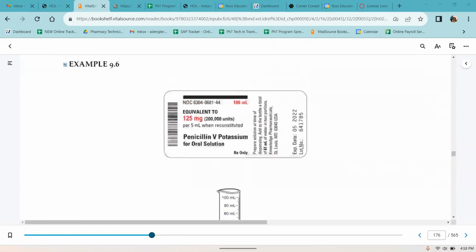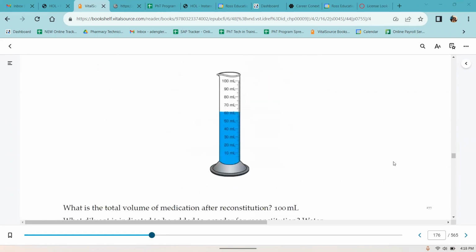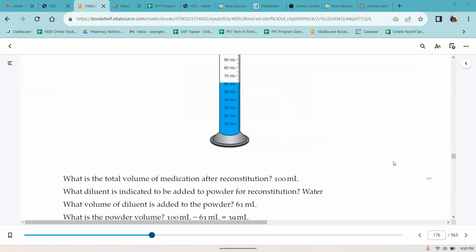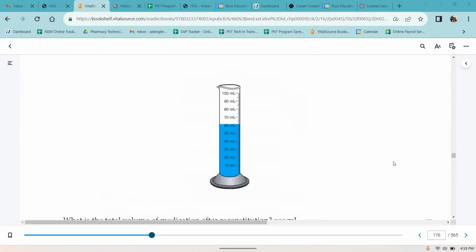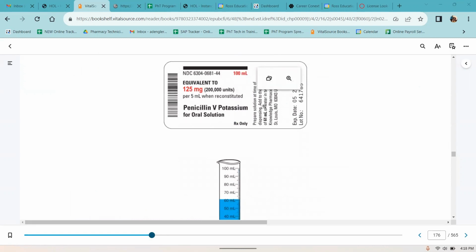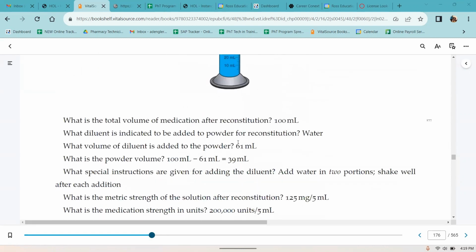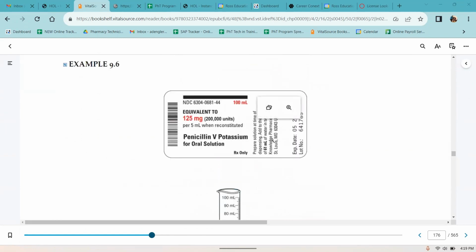Example 9.6, we have another medication label for penicillin V potassium for oral solution. What is the total volume of medication after reconstitution? Here it says 100 ml. What diluent is indicated to be added to the powder for reconstitution?